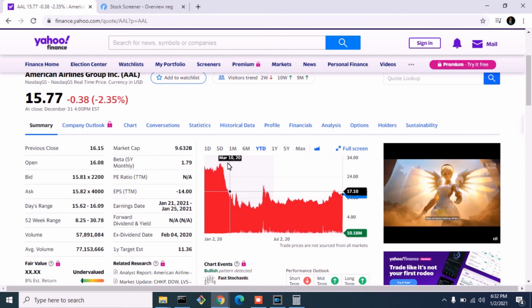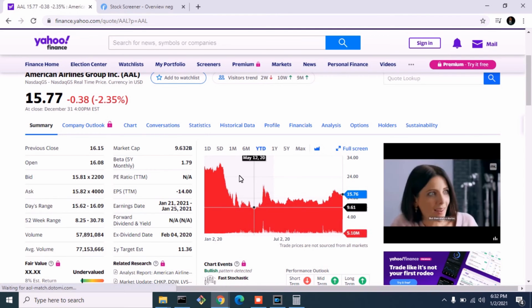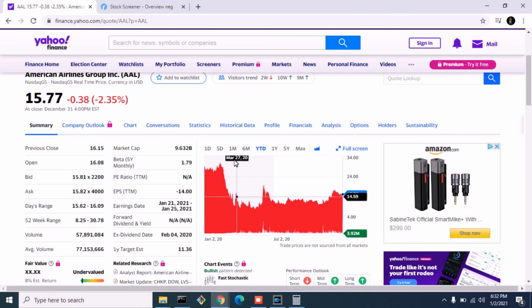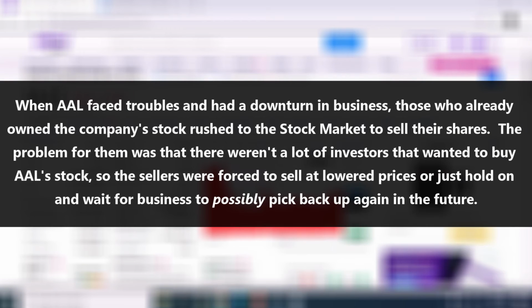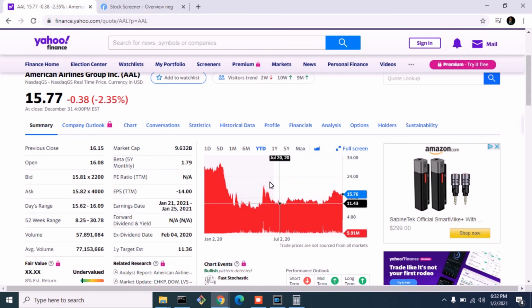It went down, and it hasn't gone back to the levels it was at before it took this big drop last year. In the future, if they start to turn a profit again, I'm sure this stock price will rebound. But for now, it's just something to pay attention to when you're looking at a company's profit margin, and invest in companies with great room in their profit margin just for downturns in the business.